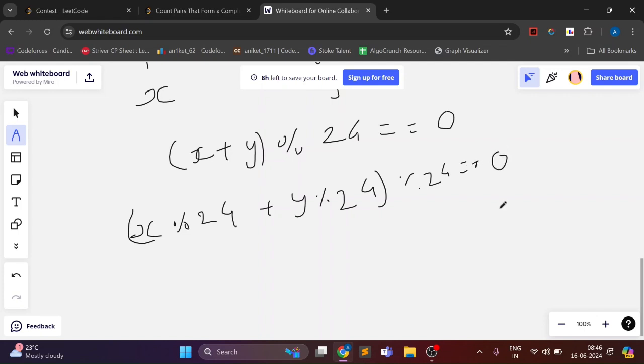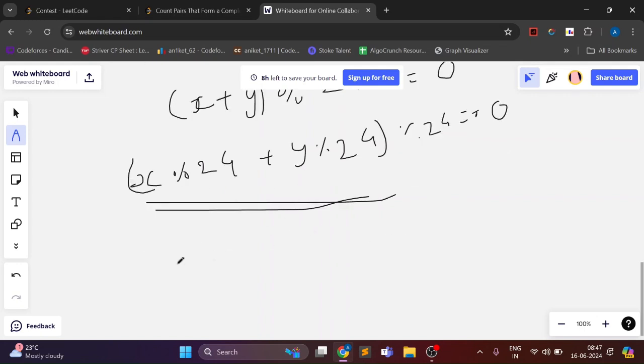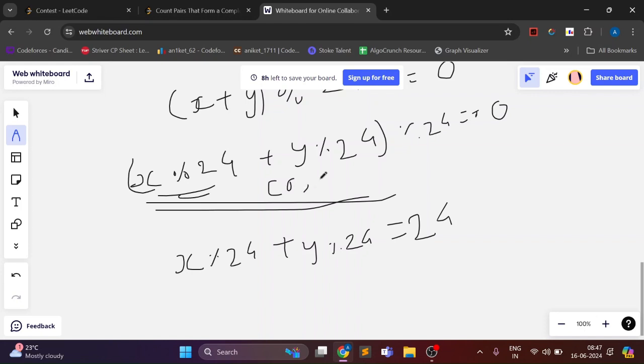That means this sum, in simple words, x mod 24 plus y mod 24 must be 24, because this value would be less than 24 and this value would also be less than 24, and so the limit on this sum would be from 0 to 46, and all the values which have mod equal to 24 would be 24 or 0.